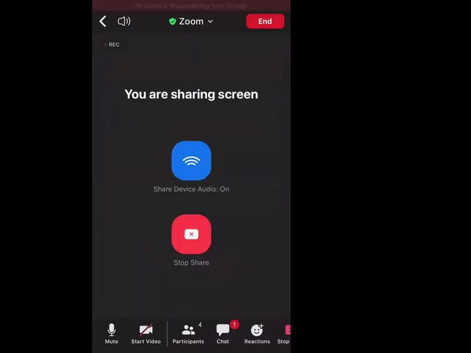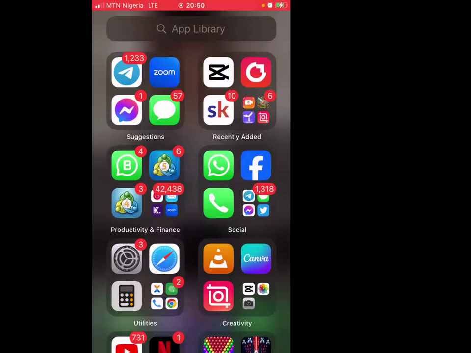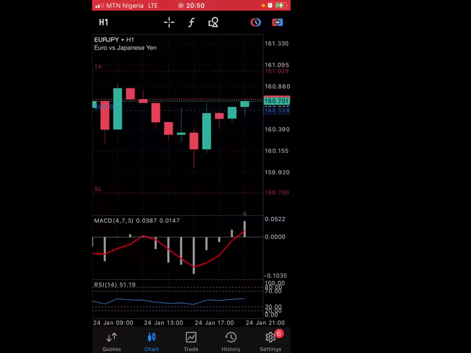Okay, now let's go back to the charts to wrap things up. So we're back to the charts. Now I was saying something. Everything you can see on the right-hand side are different price levels.